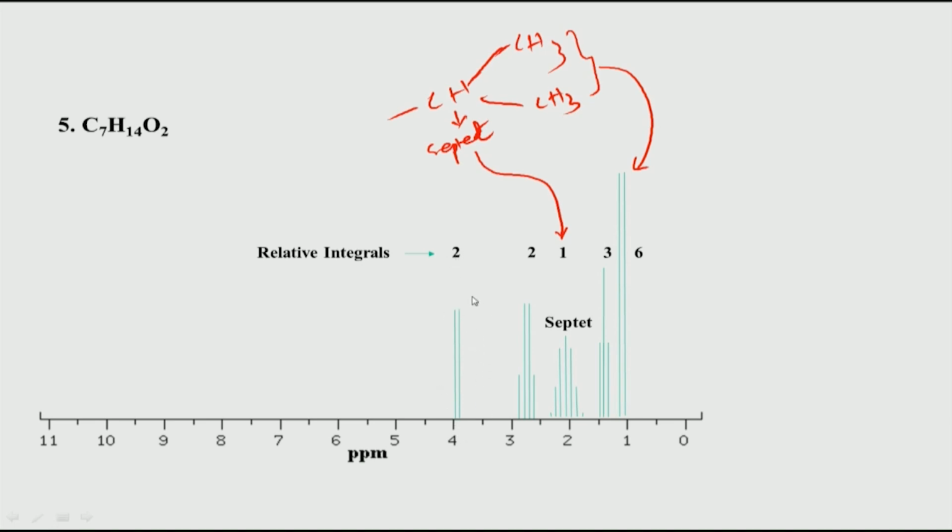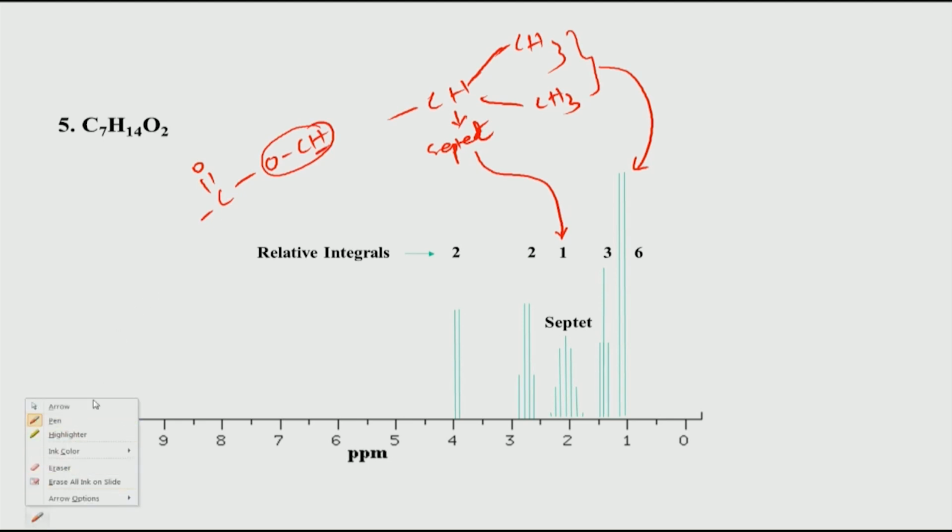It is an OCH kind of moiety, which we saw earlier can come from the ester group. So, it is OCH and there could be a CH2. Here the CH comes downfield because of the oxygen attached to this group. So, this is the peak where there are 2 hydrogens. I have written only one here, but there are 2 and it continues further.